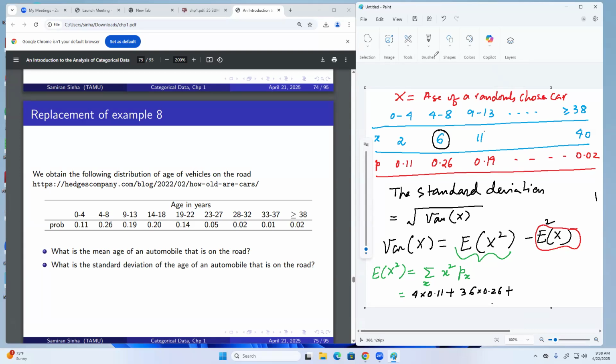The third term will be 11 squared, 121, times 0.19, so on and so forth. And the last one will be 40 squared, 1600, times 0.02. So you calculate that and then subtract the square of expectation of x. That will give you the variance. And once you get the variance, take the square root of variance to obtain the standard deviation.